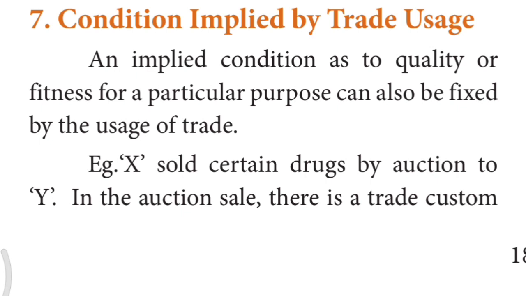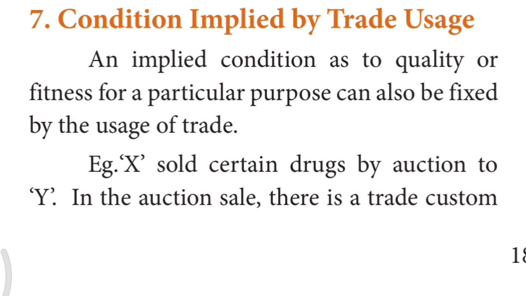Here, X sold certain drugs by auction. In that auction, there is a particular procedure to mention if anything is defective or any condition applies, such as that you have to take the drug in this manner, or eat it after lunch or before lunch. All the descriptions are to be given.